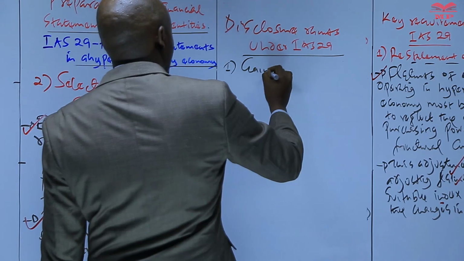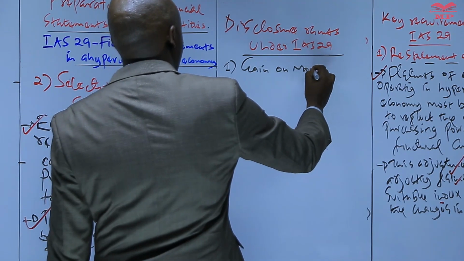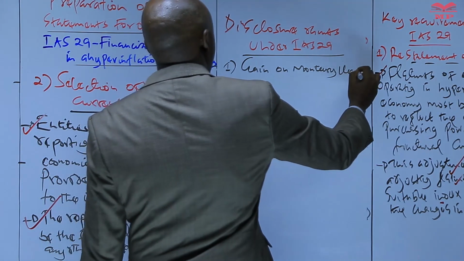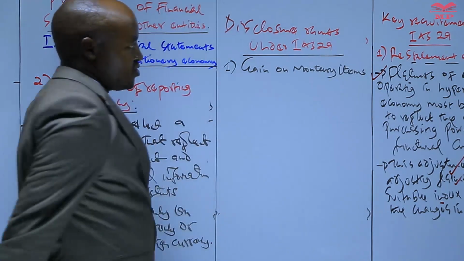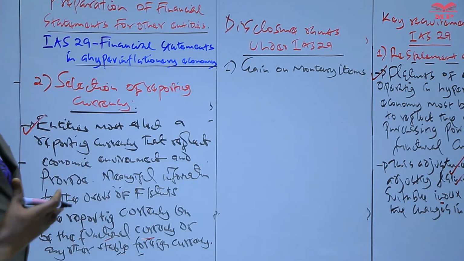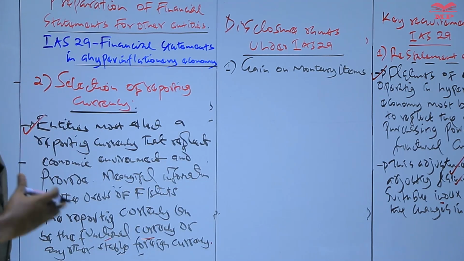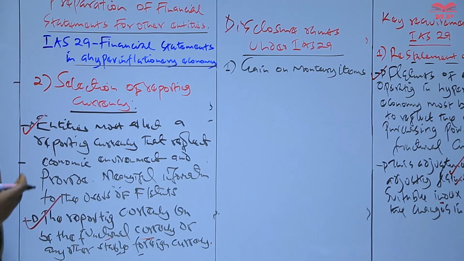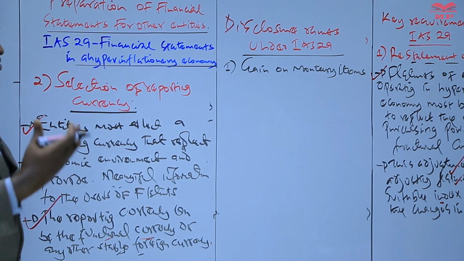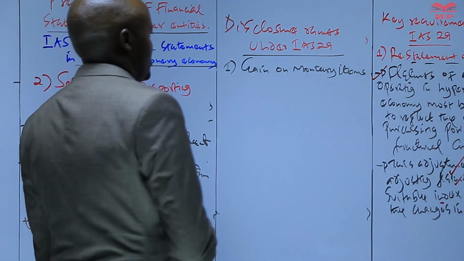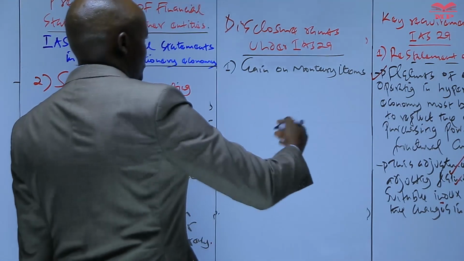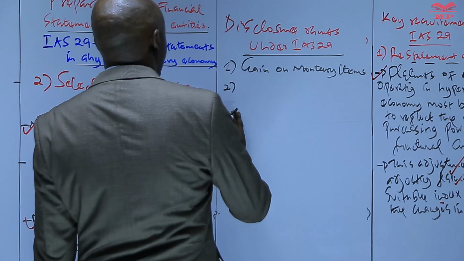Number one is any gain on monetary items. During the translation of the financial statements of entities operating in a hyperinflationary economy, that may give rise to a gain or a loss. So the gain on monetary items needs to be disclosed.